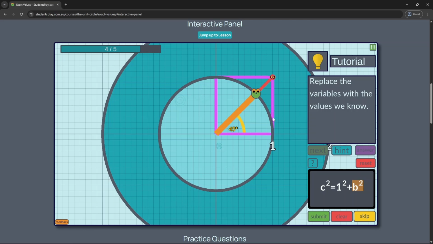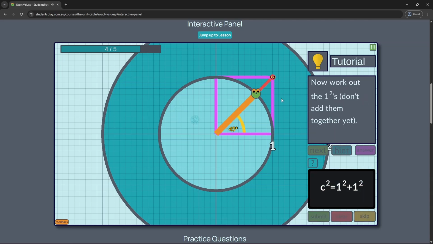Well, from here to here lines up with from here to here. And from here to here is from the center to the edge of the circle. So that's the radius, and the radius of this circle is 1, just like down here, and it's the unit circle, so it's going to be 1. So this from here to here should be the same as that, so that should just be 1 as well.